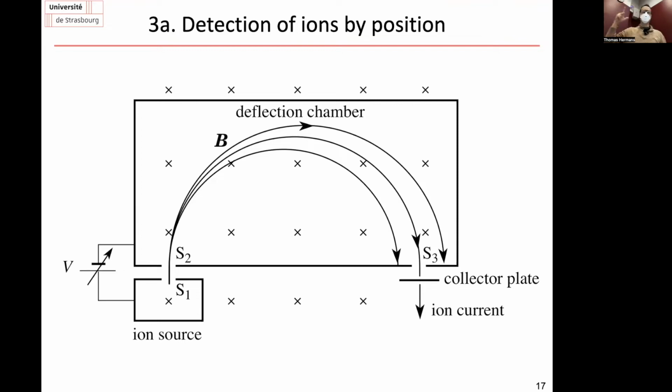Using the Lorentz force, you can see that if the field is going into the blackboard or into the screen, I will get a deflection to the right, and the ions will make a half circle and end up on the detector. If ions hit this detector, it creates a current, and I can measure this current.